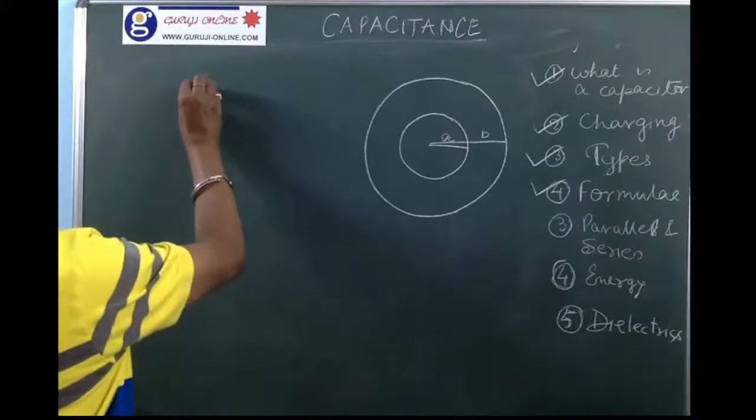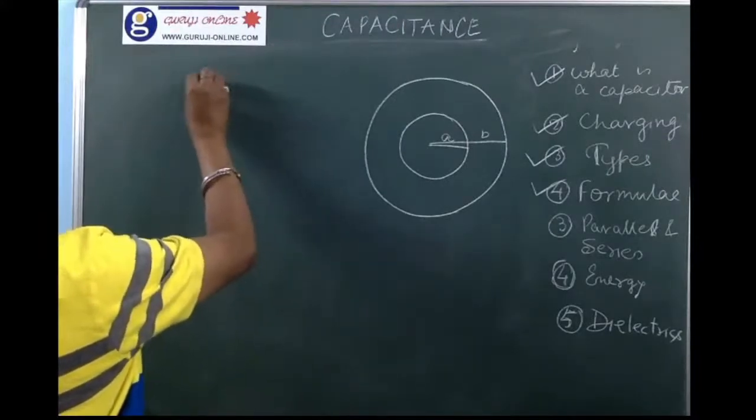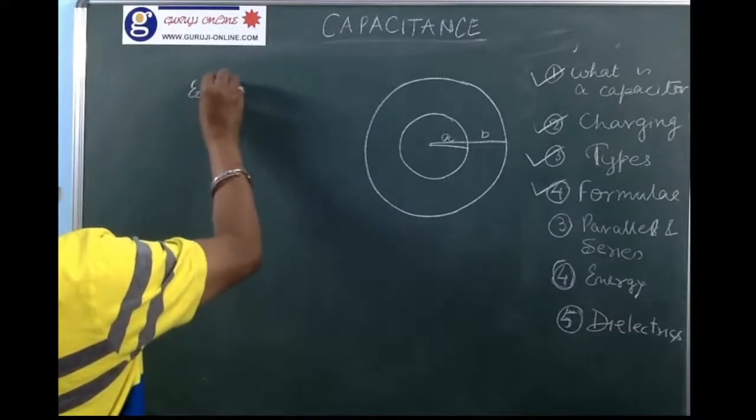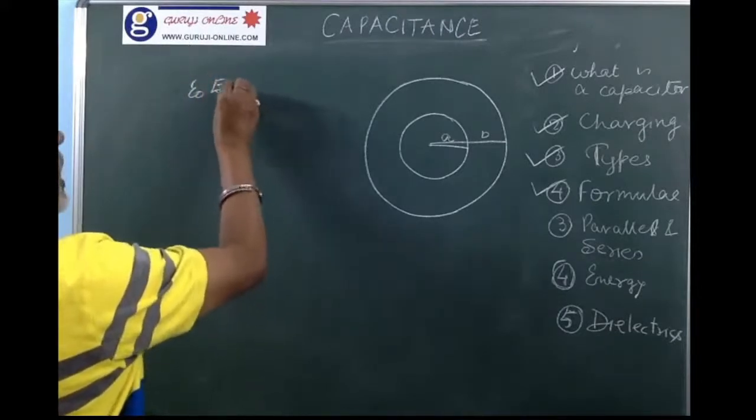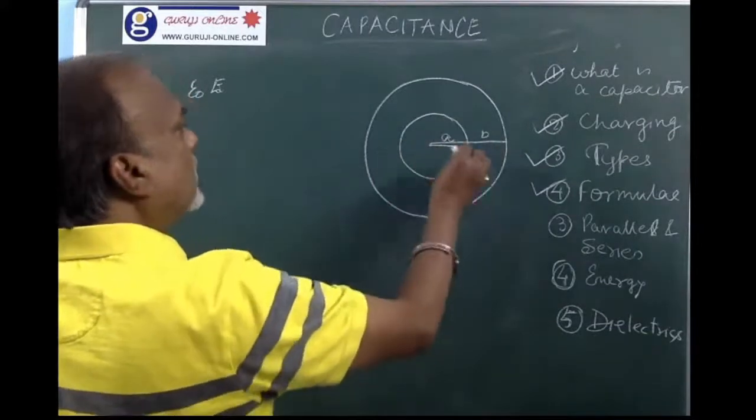So here epsilon 0 into E into the surface area of this.